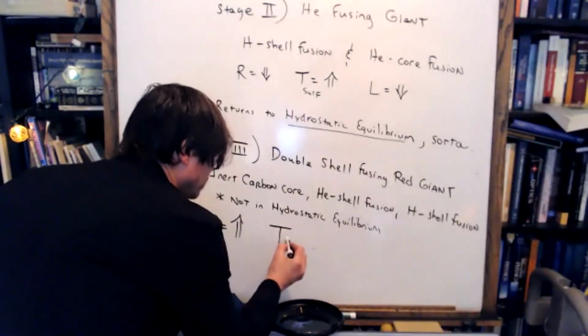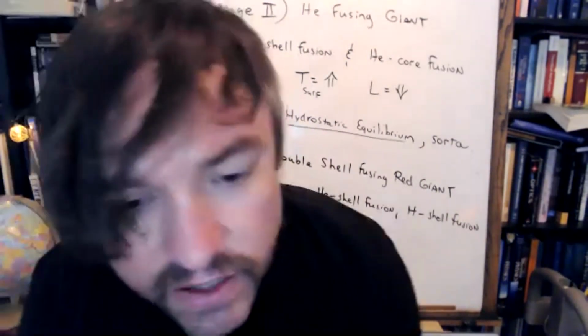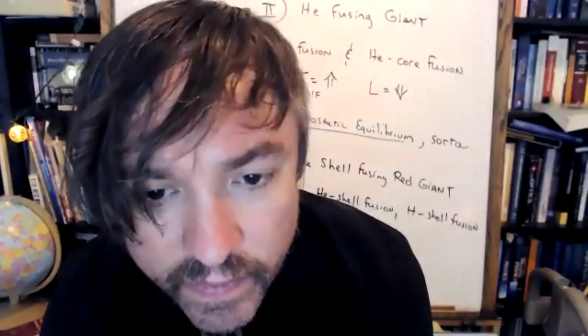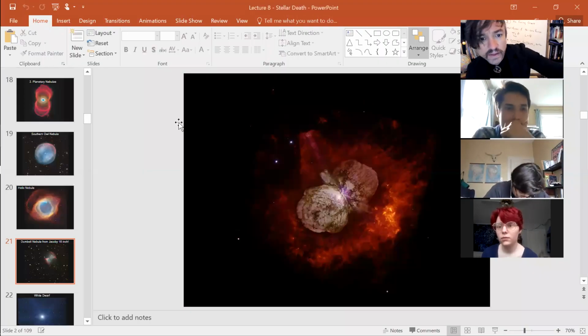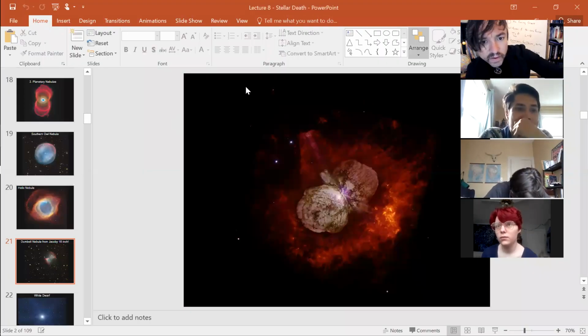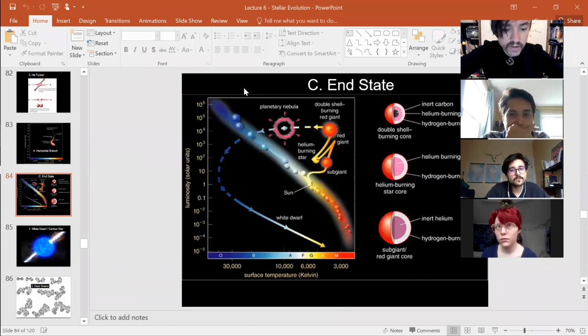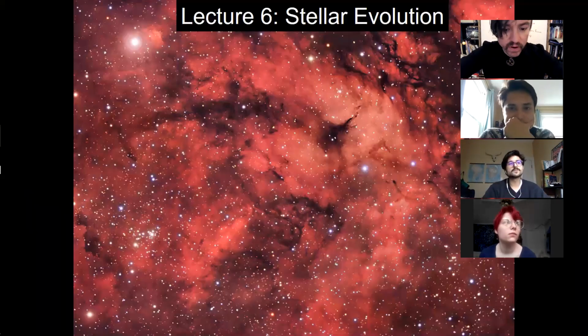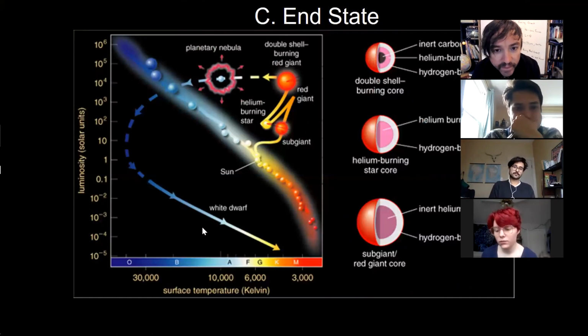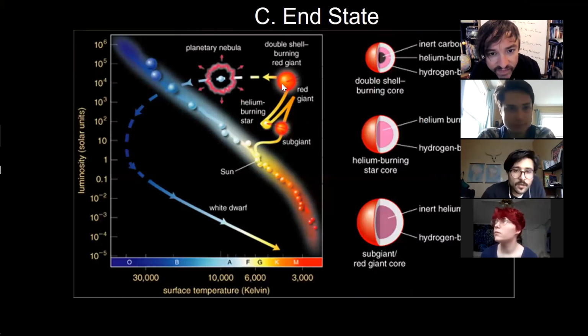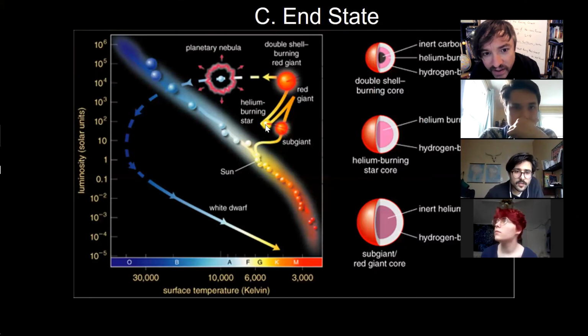The temperature of the star, let's look at the HR diagram, because I think there's some nuance here, isn't there? What's happening to the temperature? I guess it's kind of dropping a little bit.